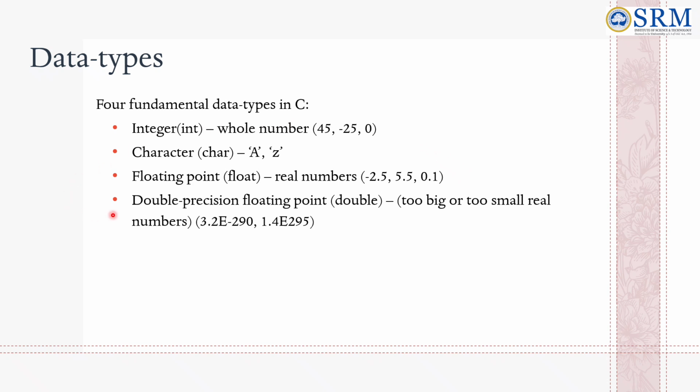The final data type is double precision floating point number, and the keyword used is double. Real numbers that are too big or too small are represented using the double data type. Here is the example. Numbers given in exponential notation are double floating point numbers.